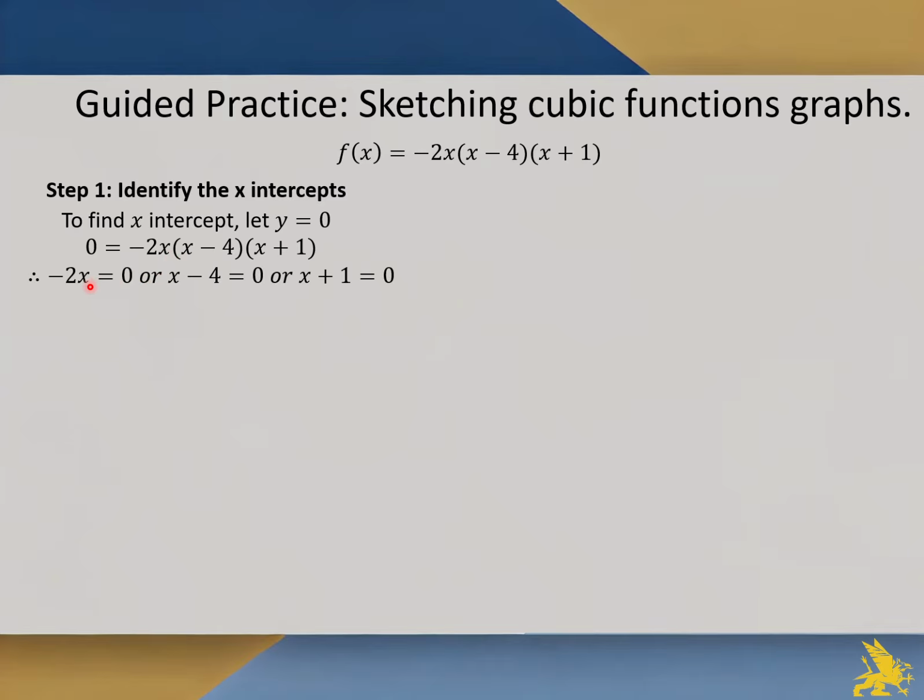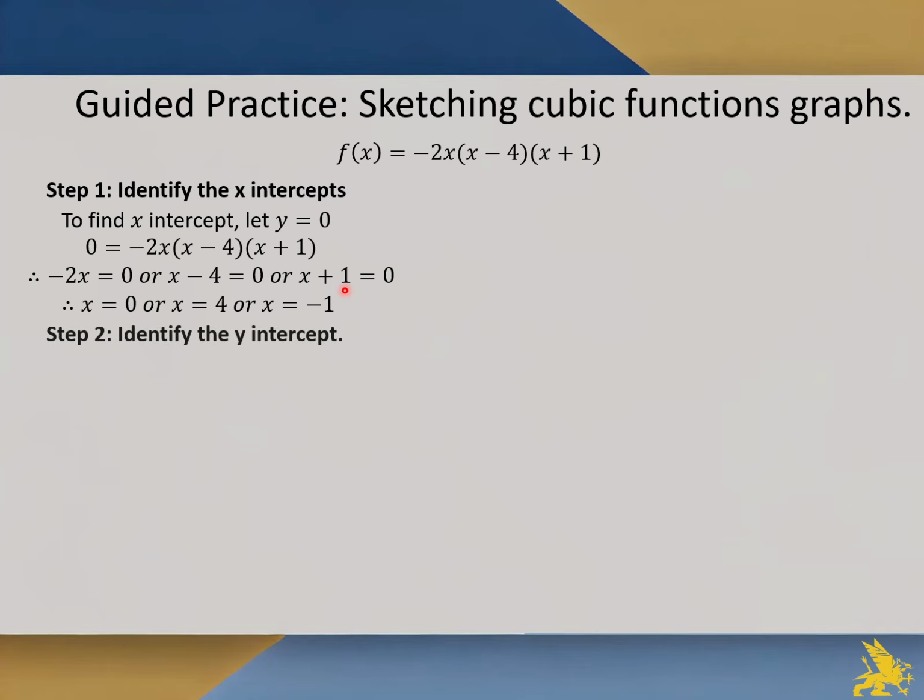So that gives me -2x equals 0, x minus 4 equals 0, and x plus 1 equals 0. Now from here, I just need to solve. So how do I get x by itself? Well, x will be 0. If I get x by itself, x will be 4. And if I get x by itself here, x must be -1. So I've got my 3 intercepts.